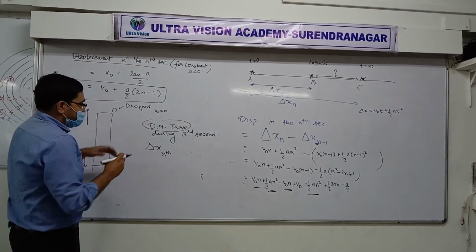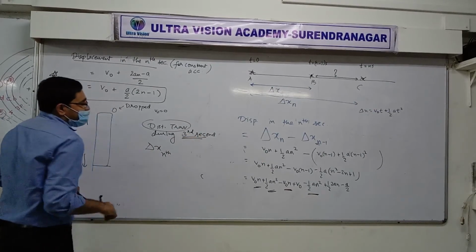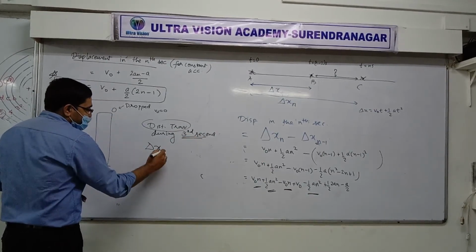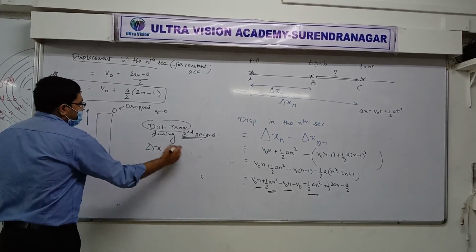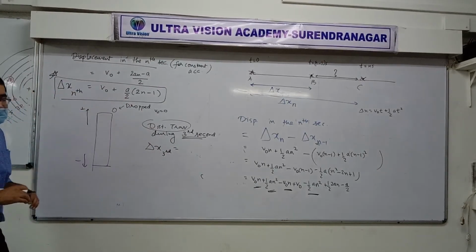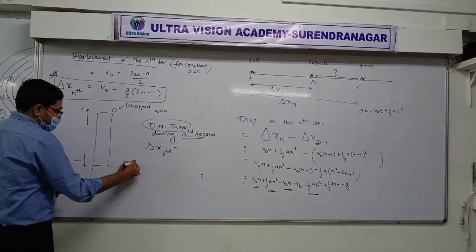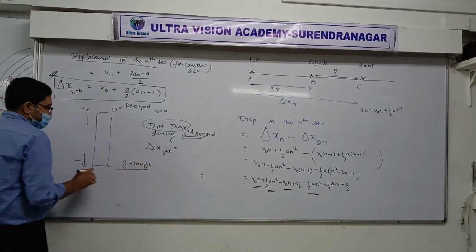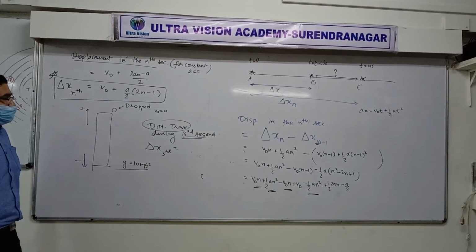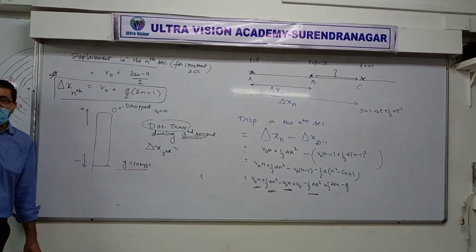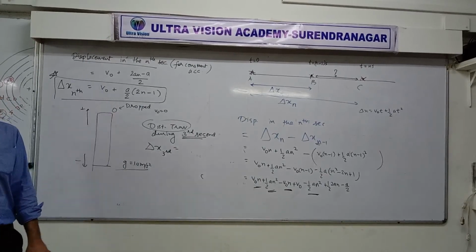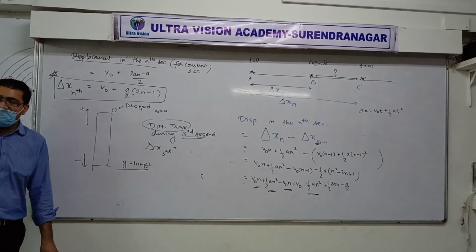Use the formula. Which second are we talking about? Third second. Okay, what do we put in place of n? 3, third second. So what happens? Take it, hurry up. For a dropped object v0 is zero.